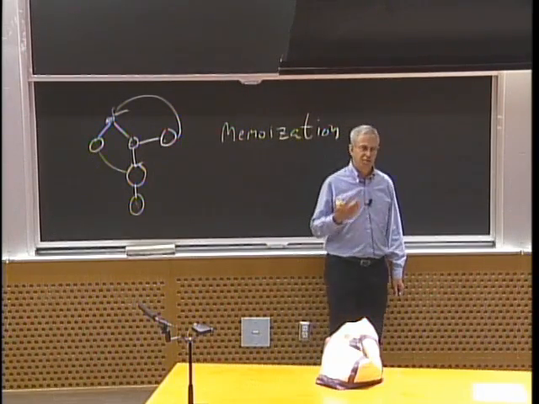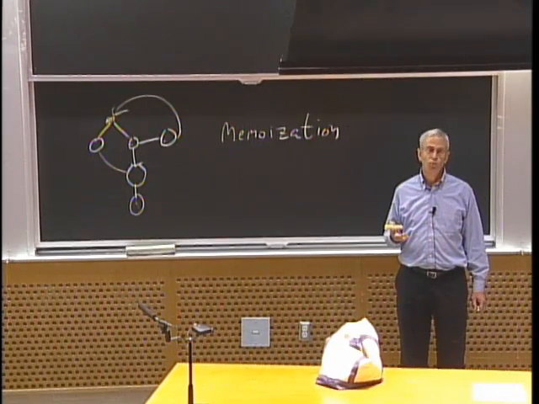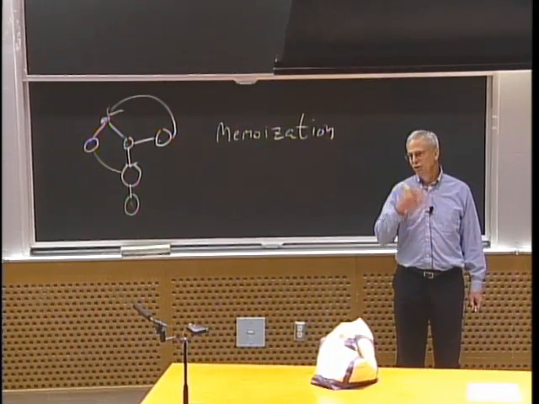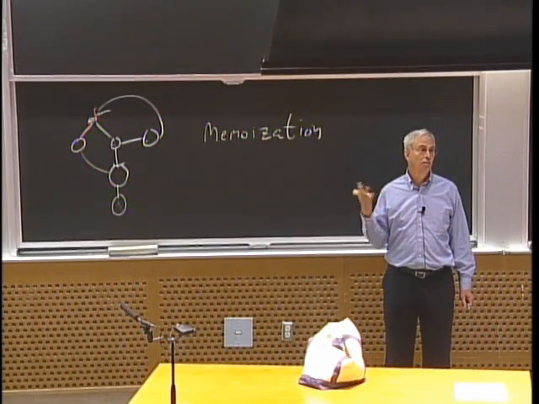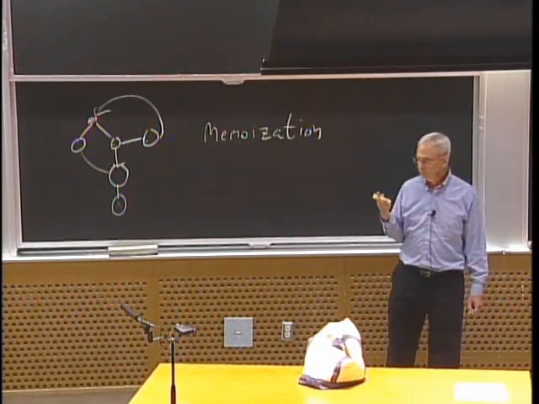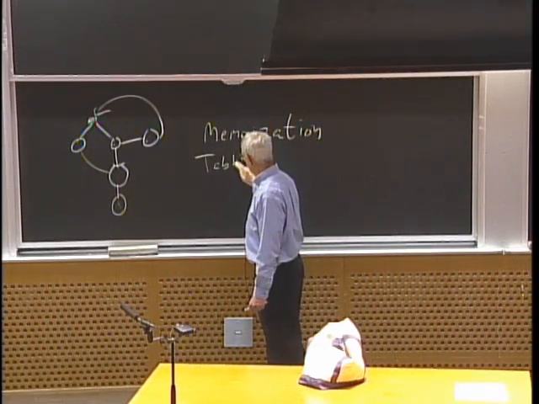We use this to solve a lot of problems where you remember what the answer was, and rather than recalculating it, you just look it up. And that can, of course, be much faster. So it's a fancy way to say we're going to use table lookup.